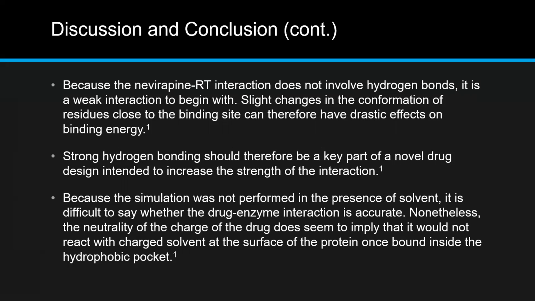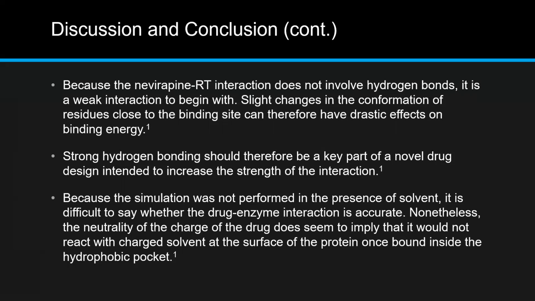And as for things that the simulation and computation that was performed did not take into account, the presence of solvent. So some might question the accuracy of the energetic calculation in this reaction.